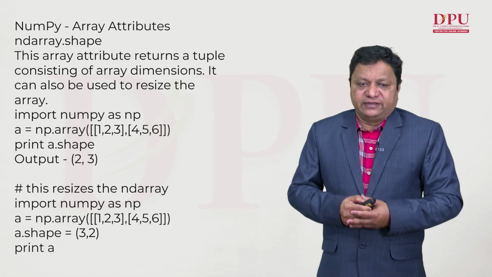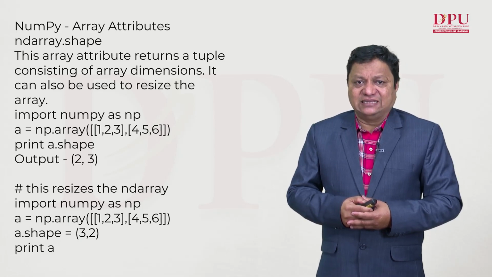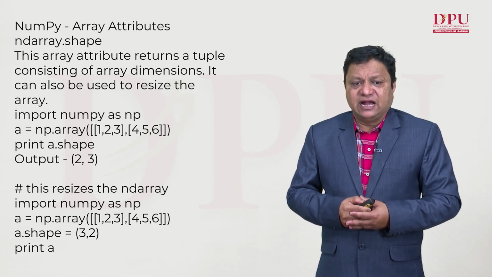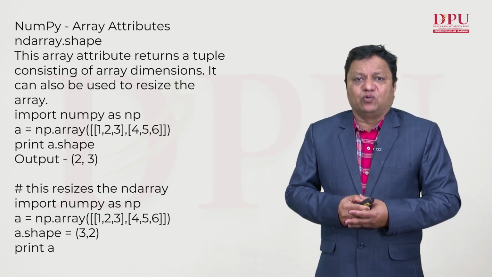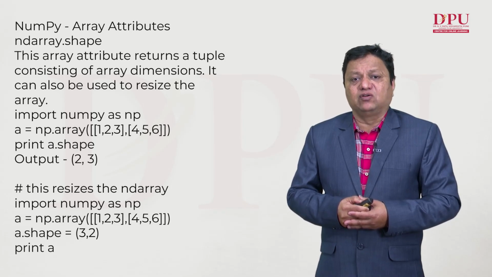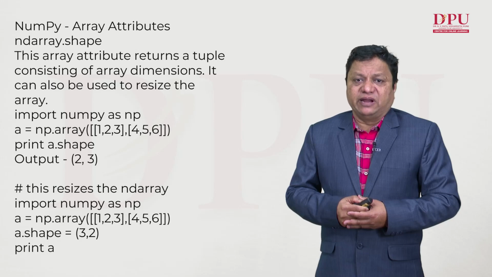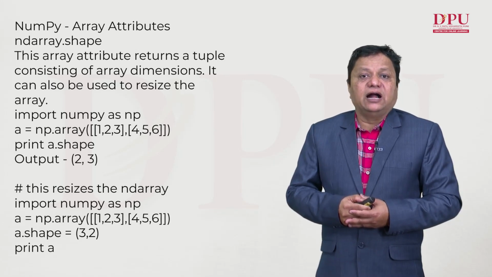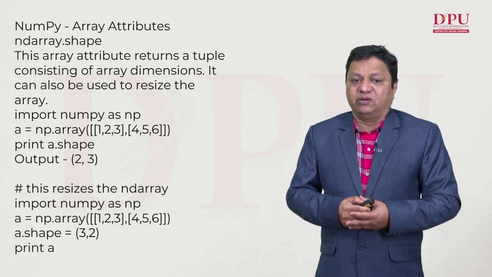How? For example, import NumPy as np, A is equal to np.array. Again in the same way, provide the values in the rounded bracket, in the square bracket 1, 2, 3, square bracket complete, 4, 5, 6, square bracket complete, again the square bracket complete and the rounded bracket complete.